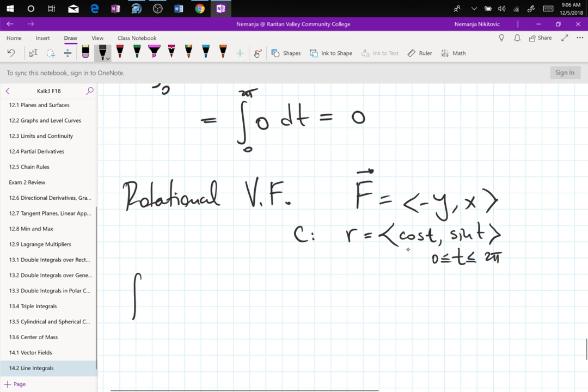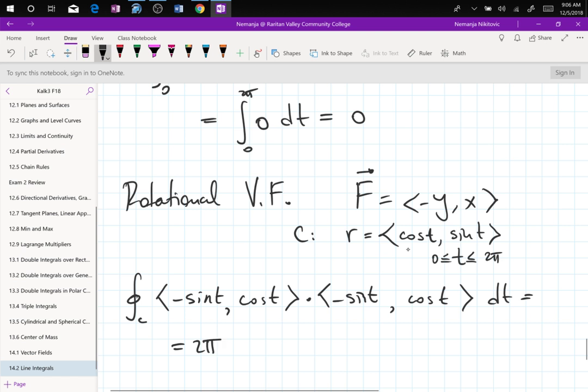So integral on the closed curve of the negative y, that's going to be negative sine t, comma x is the cosine t, dotted with the derivative of cosine t is negative sine t, derivative of sine t is cosine t, dt, and from here I hope you see it's 2 pi.